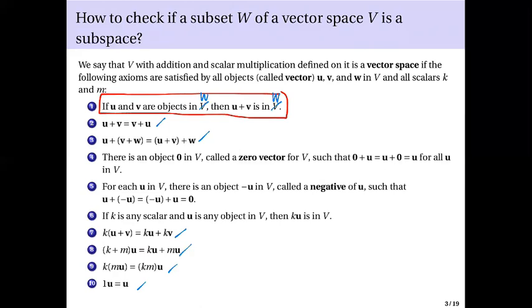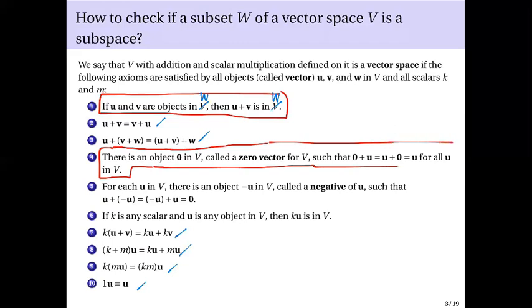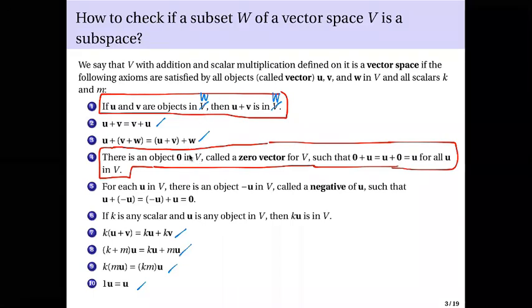We also need to verify that the zero vector of V is also in W. So we have to verify axiom 4. Not necessarily this part. We only need to see that the zero vector of V is also in the set W.